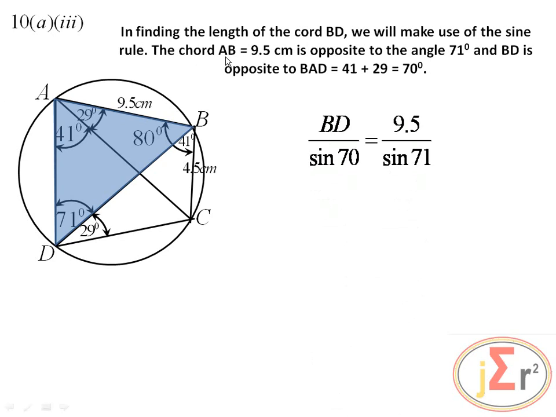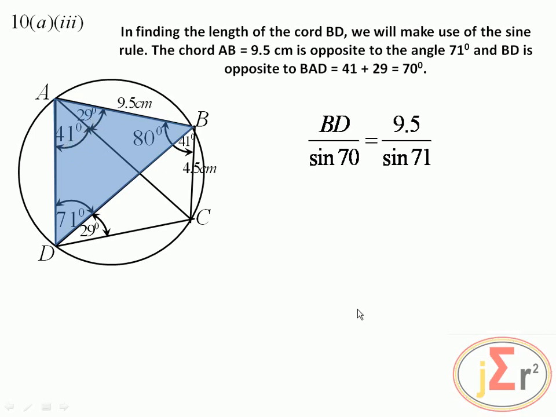The chord AB, which is equal to 9.5 centimeters, is opposite to the angle, which is 71 degrees. And BD, which is this chord, is opposite to this angle. This angle is actually the sum of 41 degrees and 29 degrees. 41 plus 29 is equal to 70.